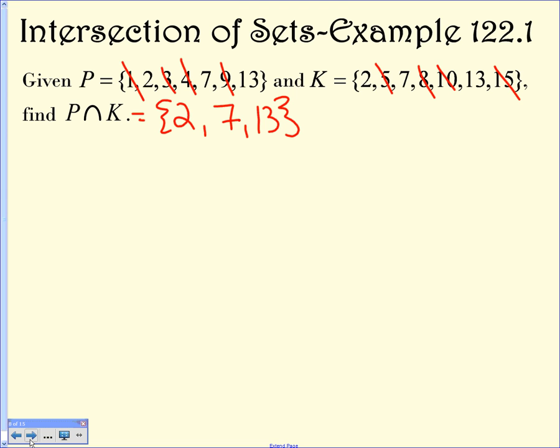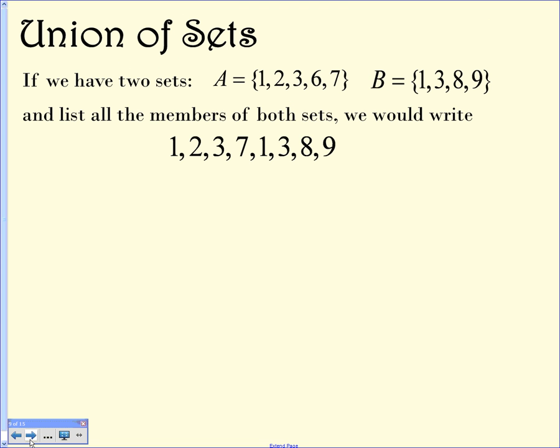Okay. Now we're going to look at union. If you have the sets A and B, all of the members of the two sets are 1, 2, 3, 6, 7, 1, 3, 8, and 9. I left out the 6, there should be a 6.